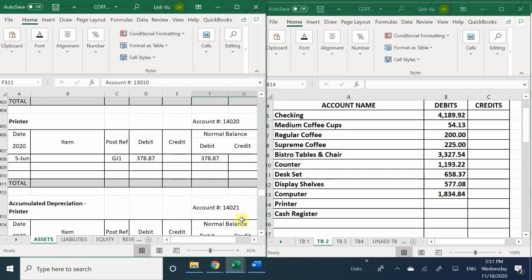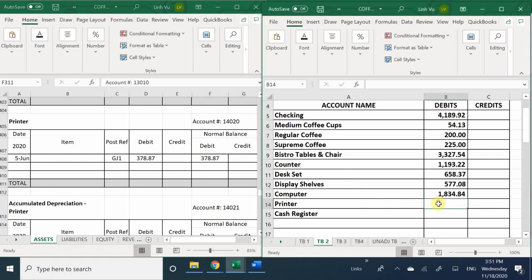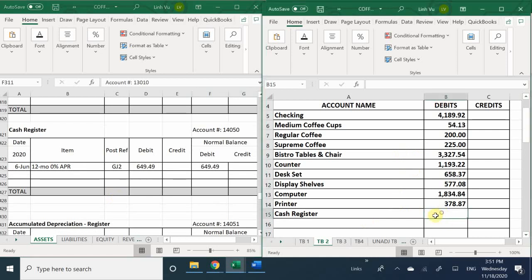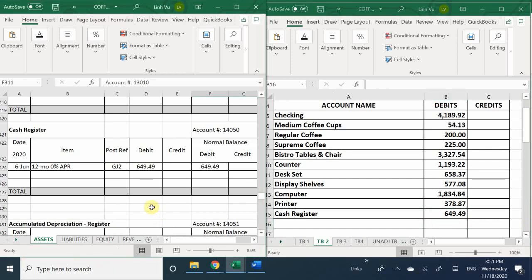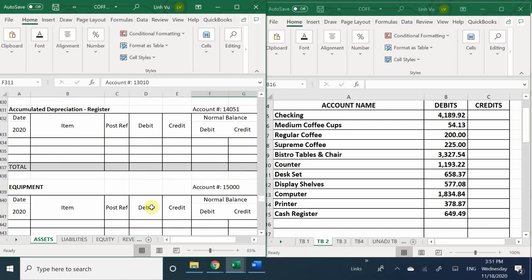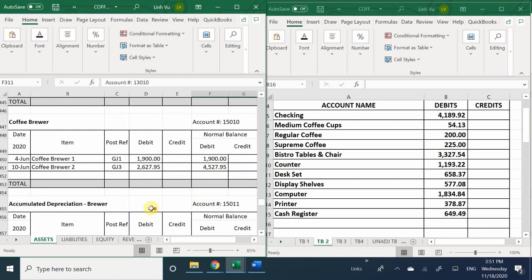How much was my printer? $378.87. Okay. And then lastly, what was my cash register? $649.49. Okay. All right.